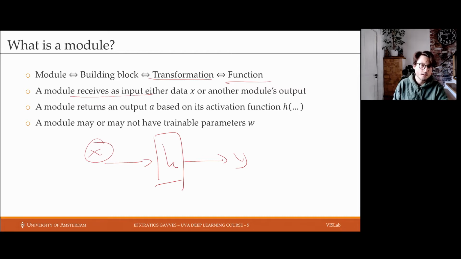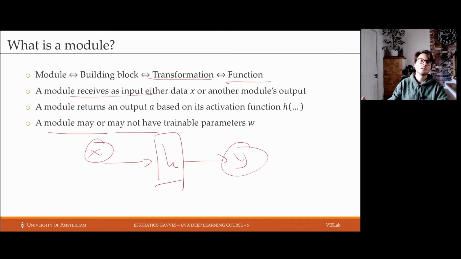It can also be the outputs of a previous module, as we saw in the previous slide. The module's output depends on our activation function, which we have to code in as the programmers or the researchers. And the module may or may not have trainable parameters. It doesn't have to have trainable parameters.